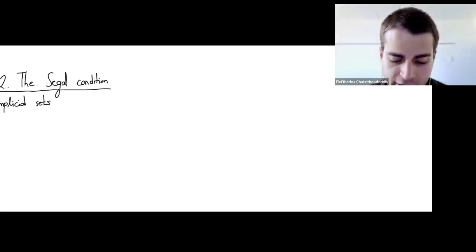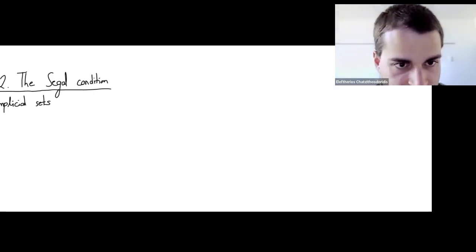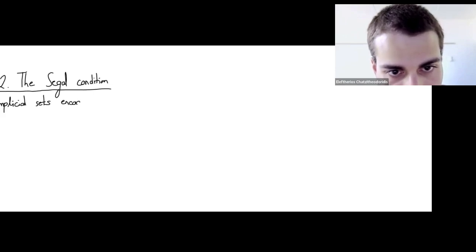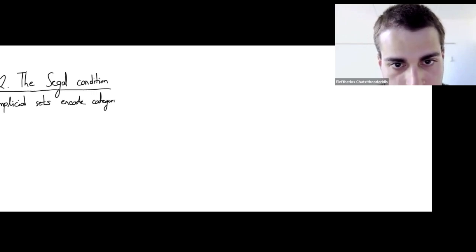So the reason why we're working with simplicial sets in this setting is that simplicial sets encode categories as follows. Let's see how we can use simplicial sets to encode categories.